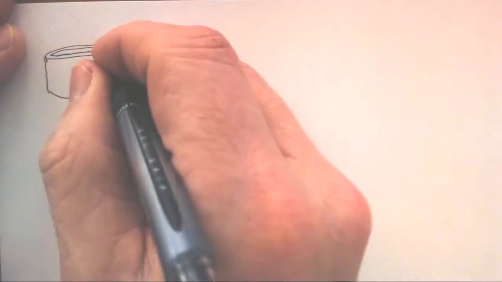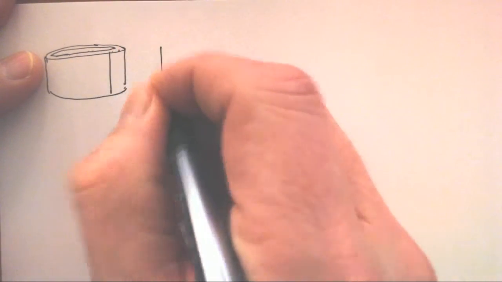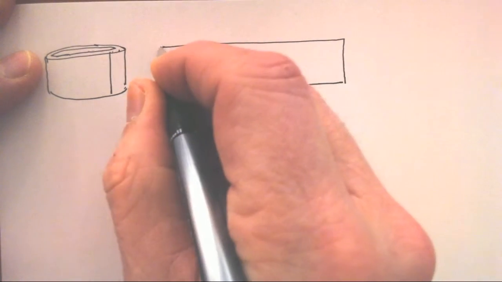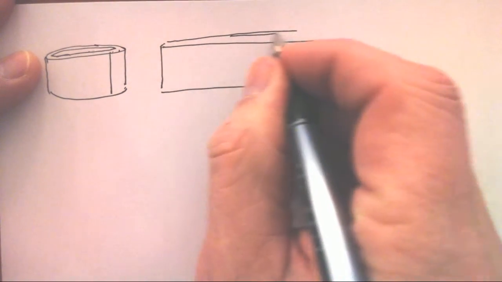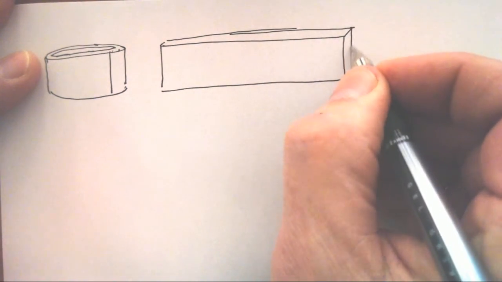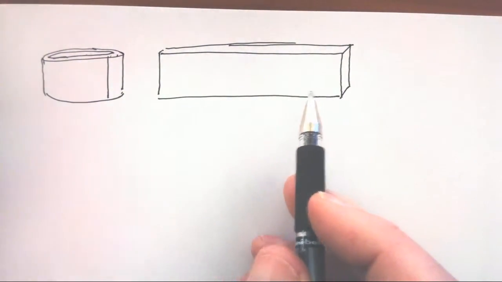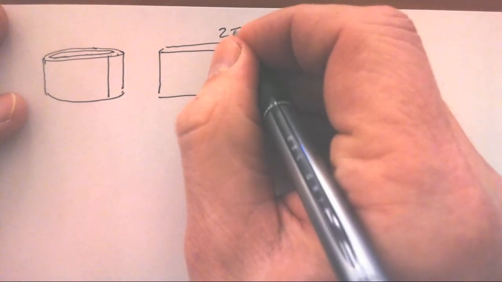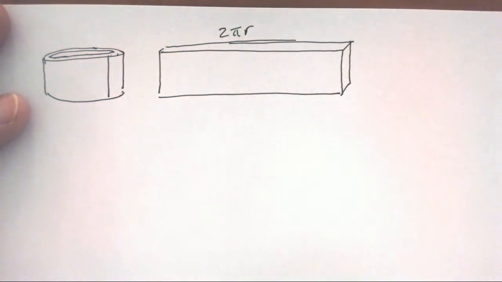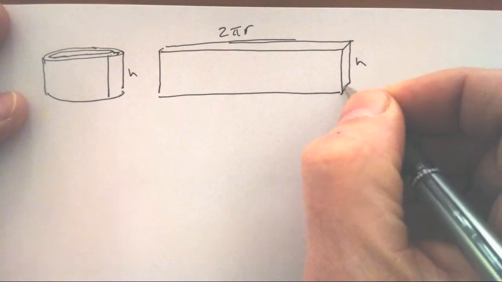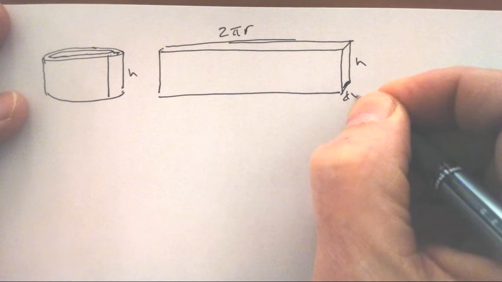If we were to take this, slice this open and roll it out, we would end up with just a rectangular prism where this distance would be 2 pi r, and whatever the height is here is the height there, but this right here would be my casing, and that is our dx.